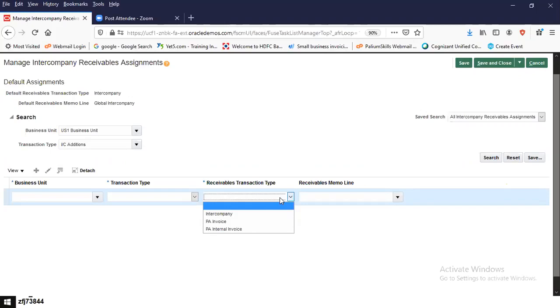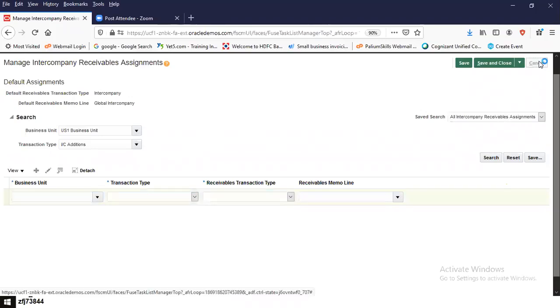So over there is an intercompany transaction type also. You are linking these two so that whenever intercompany transactions are raised in receivables, the corresponding transaction type for intercompany will be used. So this is the linkage between the two.